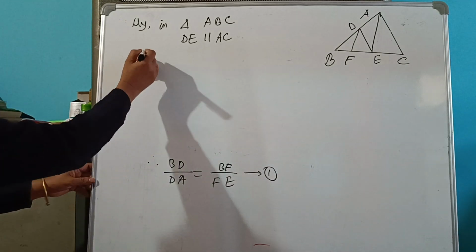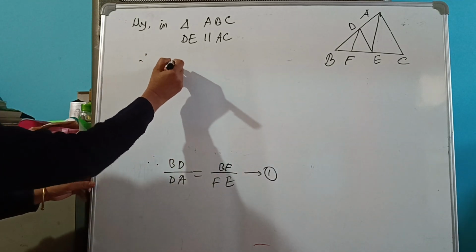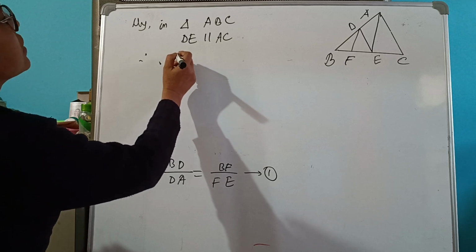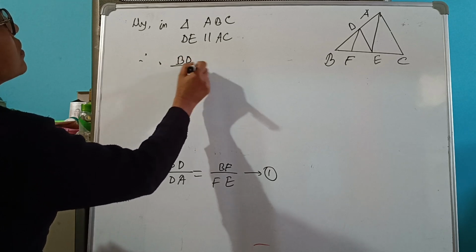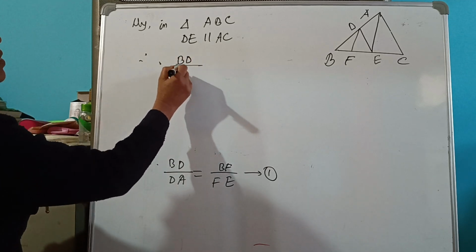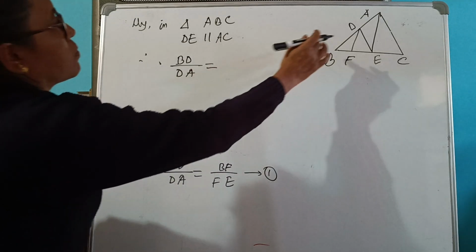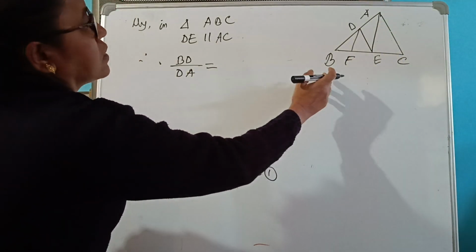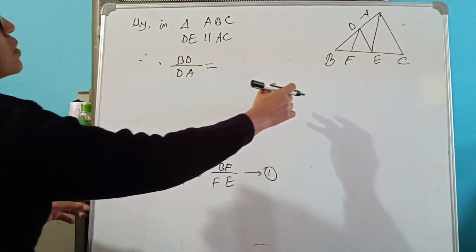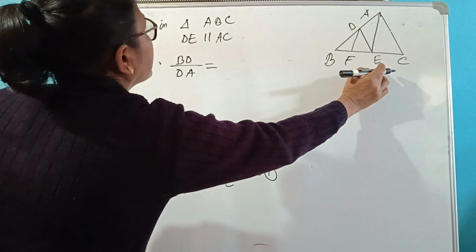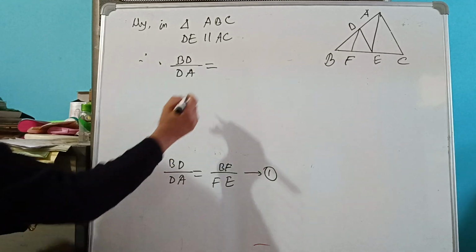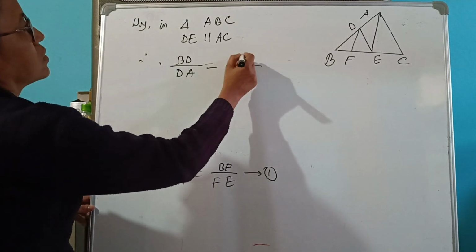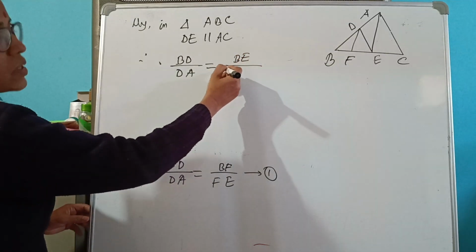Okay. Therefore, BD by DA is equal to BE by EC.